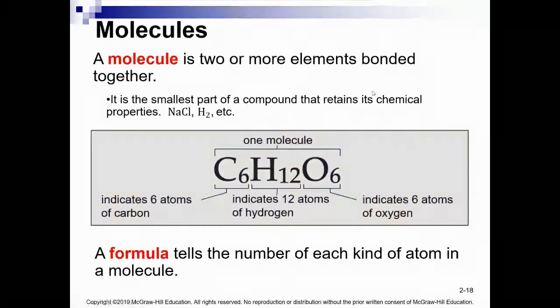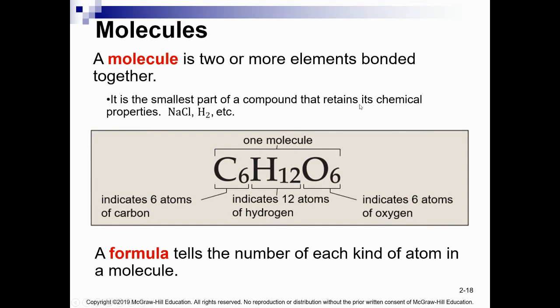So when we talk about a molecule, we're talking about 2 or more elements that are bonded together. It's the smallest part of a compound that retains its chemical properties. A compound means I've got 2 or more different elements coming together.